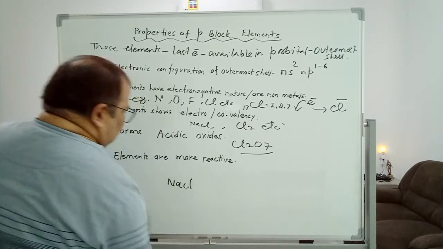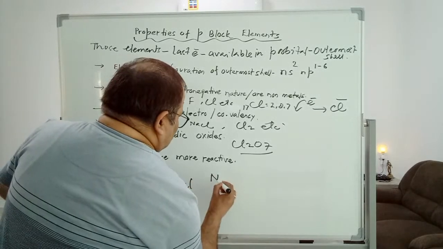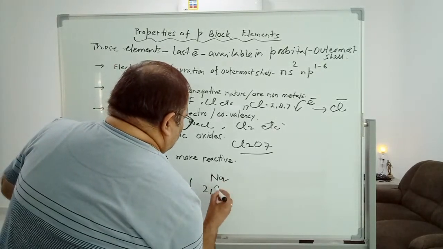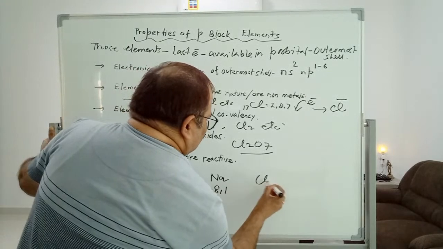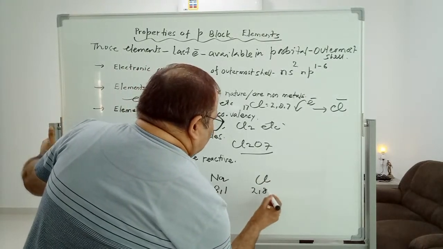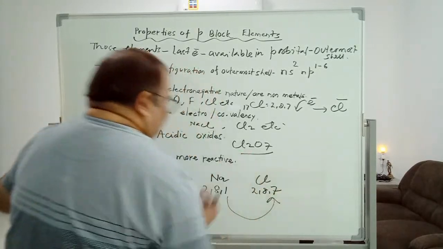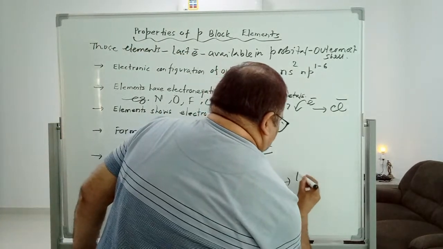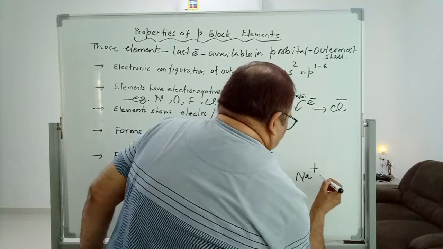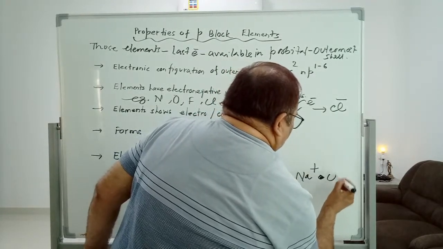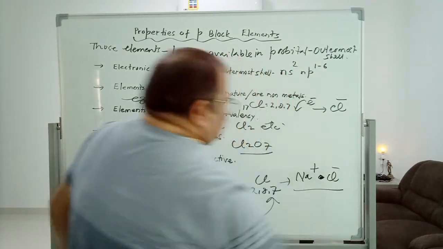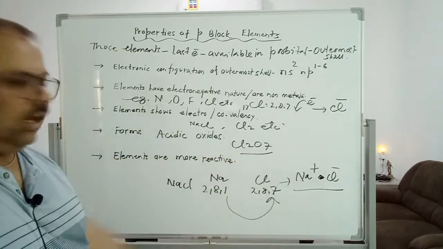To understand this well, you can see one example of electrovalency, NaCl. Here Na has the configuration 2, 8, 1, and Cl has 2, 8, 7. The electron can be transferred here. What will happen? It will convert into Na plus, with a bond to Cl minus. This is just crystal clear.